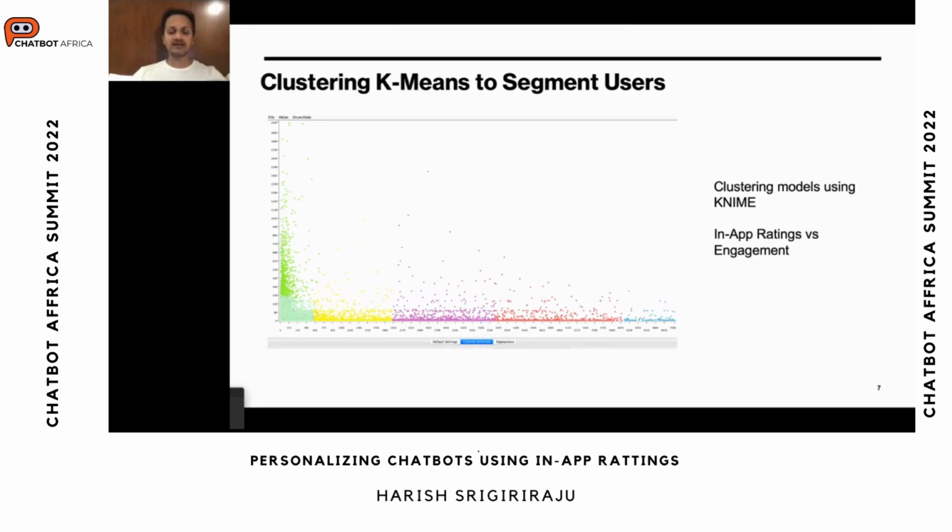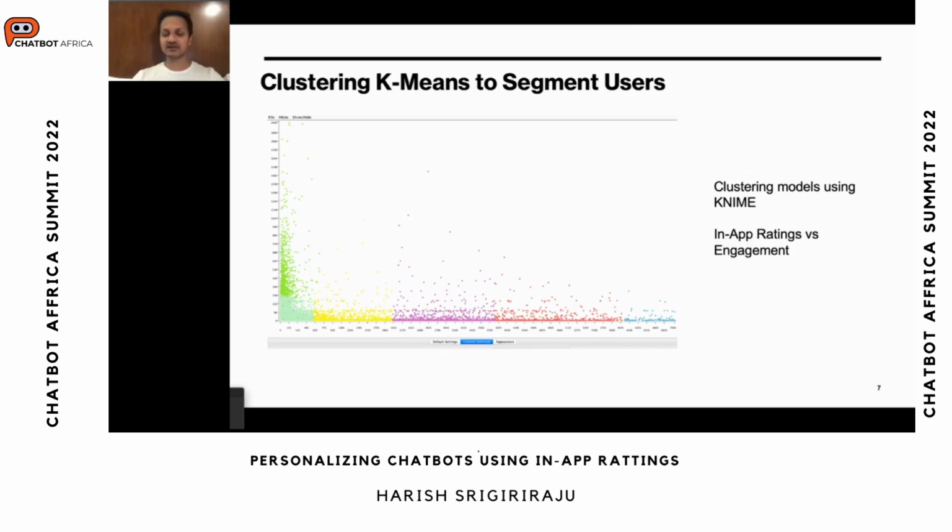Another cool thing that one could do is perform simple clustering, like k-means unsupervised learning, to see how user segments can be created based on the chatbot experience. Let's say someone who gave 1 star on the chatbot versus 5 star, you can use clustering mechanisms to see, for people who gave a 5 star rating, what are some of the characteristics these users have?